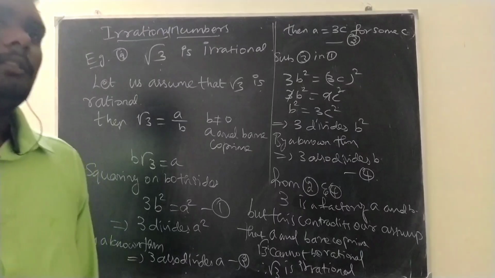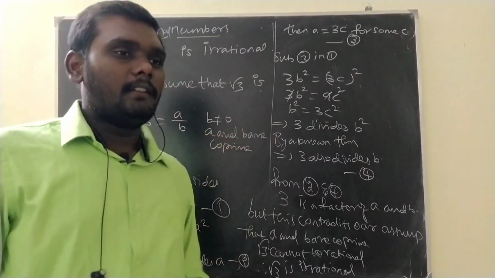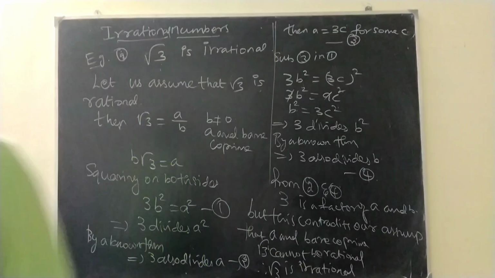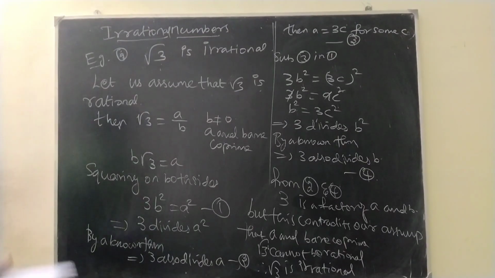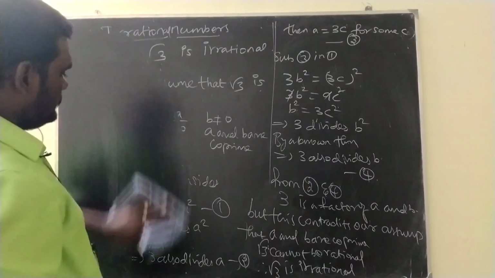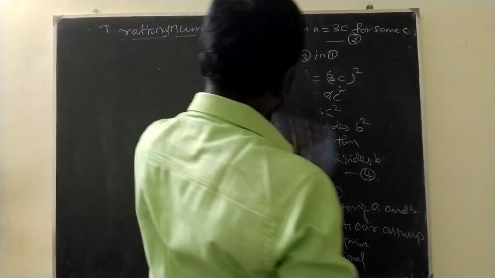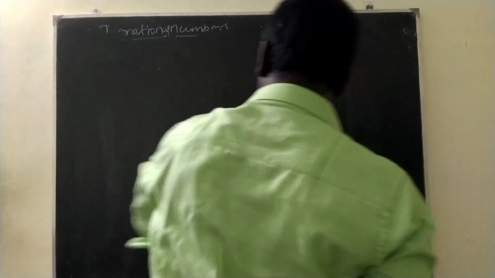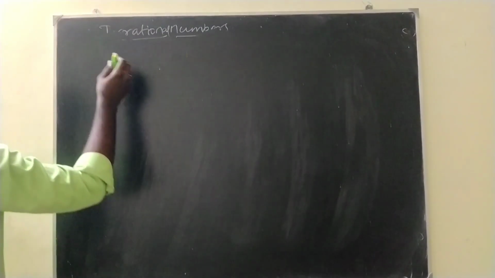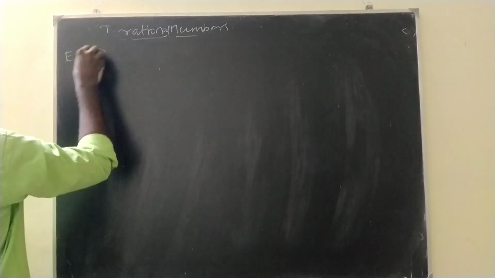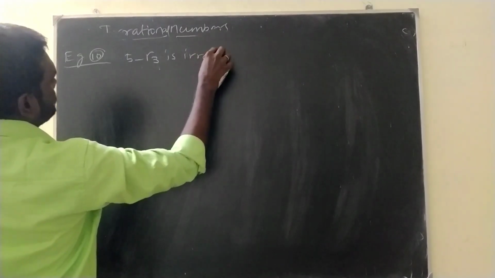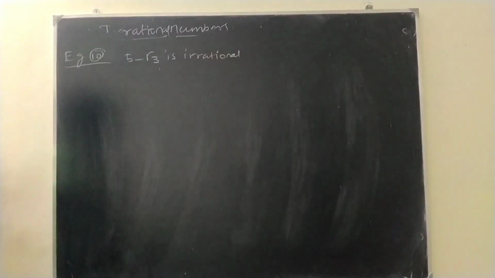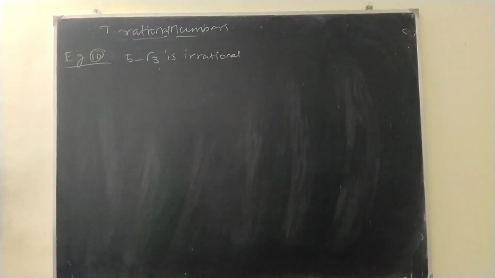There is another type of question that can be asked. See example 10, 5 minus root 3 is irrational, we need to prove.